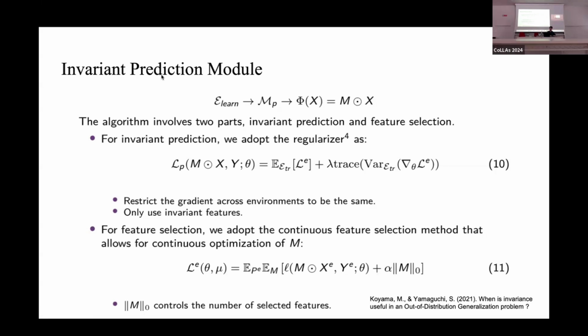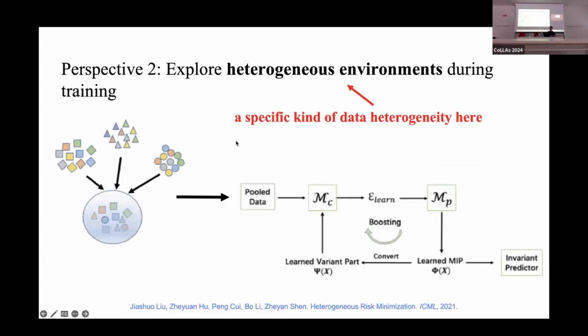In this loop, we do feature selection: for the prediction model, we try to select invariant features. Once we have selected the invariant features, we know the variant features, and then the variant features are input to the clustering model to produce the heterogeneous environments.